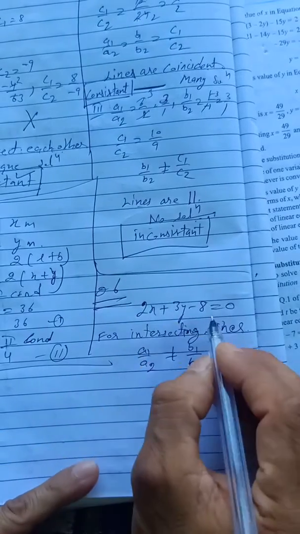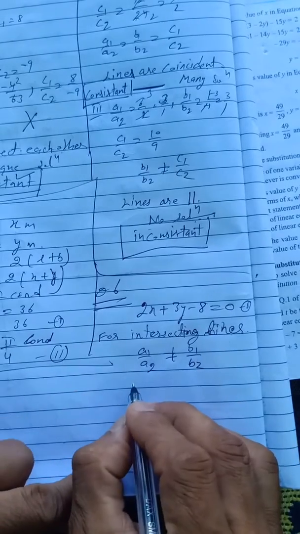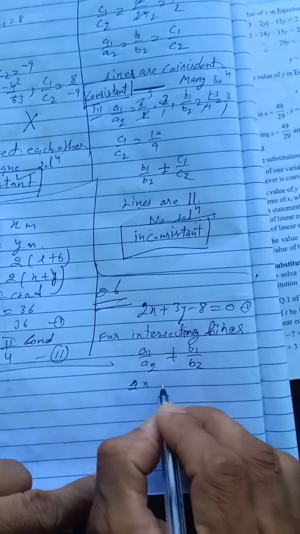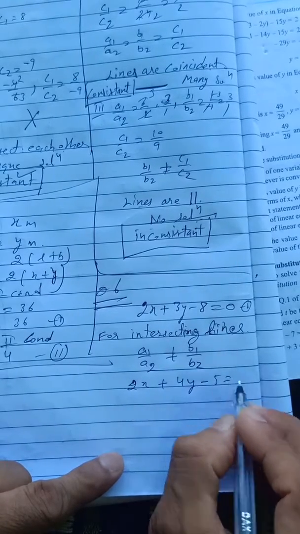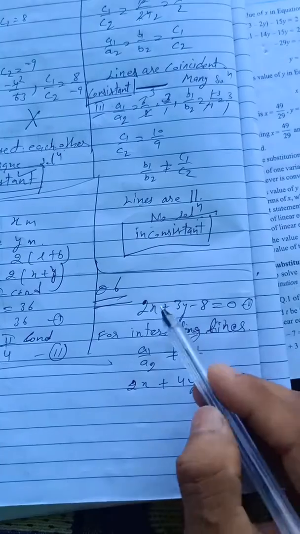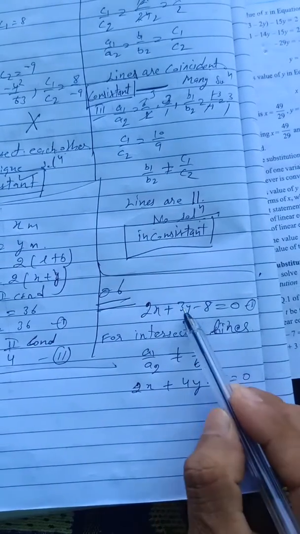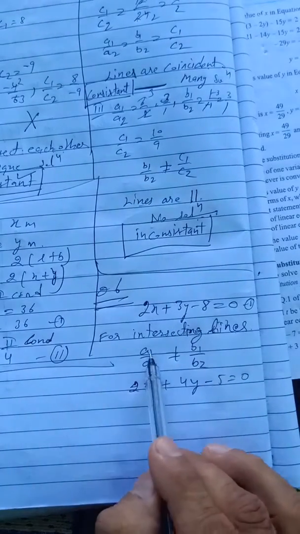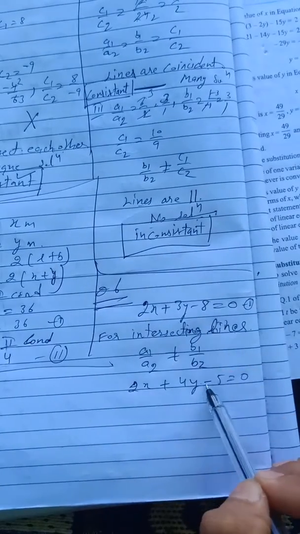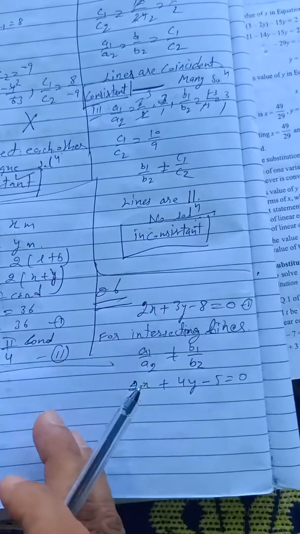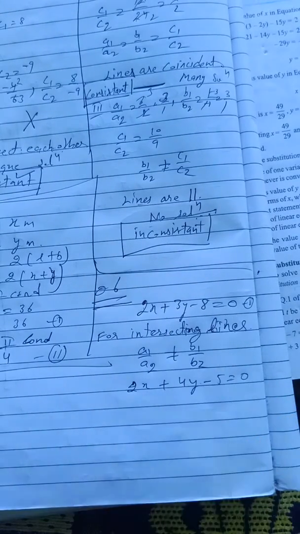Now this is the first equation. Now the second equation for intersecting lines: 2x plus 4y minus 5 equal to 0. Now comparing, a1 by a2 is 2 by 2, which is 1, and b1 by b2 is 3 by 4. Then a1 by a2 is not equal to b1 by b2. Then for these two equations, when we plot a graph, these equations are intersecting lines.